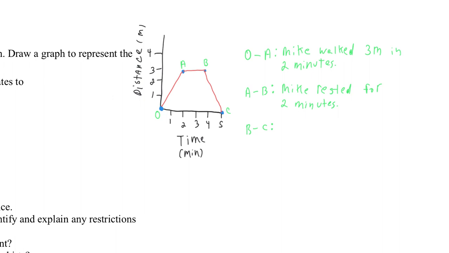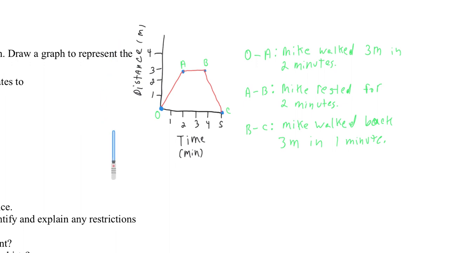So we can say, Mike walked back 3 meters in 1 minute. And there you go. Number 4 is done. That's all there is to it.